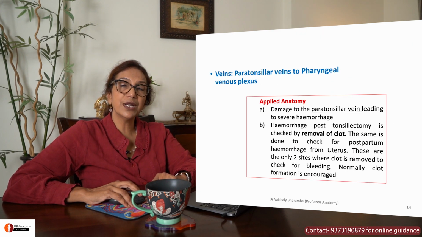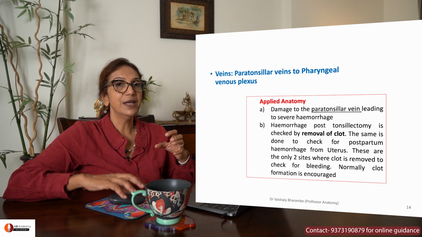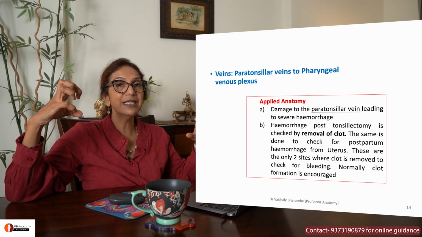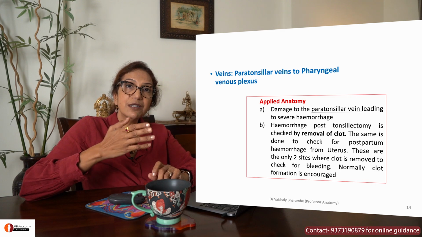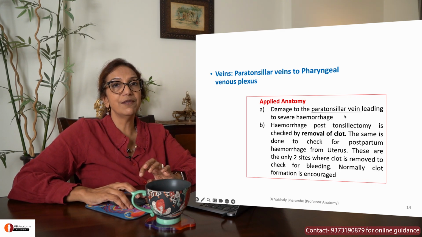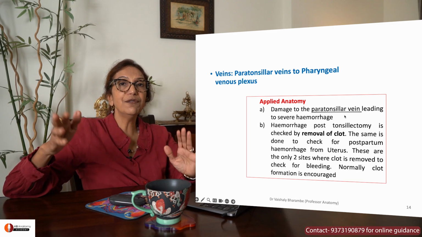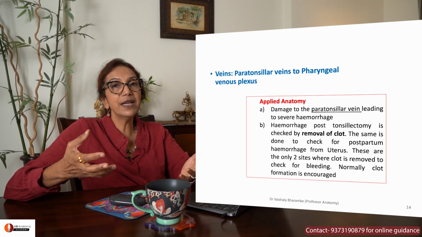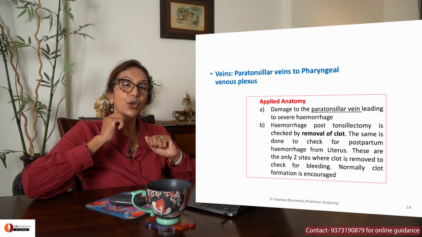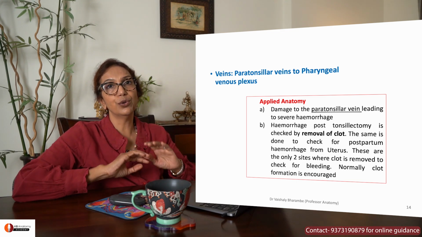What about venous drainage? If you saw in your diagram, there were paratonsillar veins draining into the pharyngeal venous plexus. Now these are surprisingly relevant, students. Damage to the paratonsillar vein can lead to a lot of hemorrhage. And how do we prevent this? See, when there is bleeding, there is clot formation. Normally, you would allow the clot to be there.